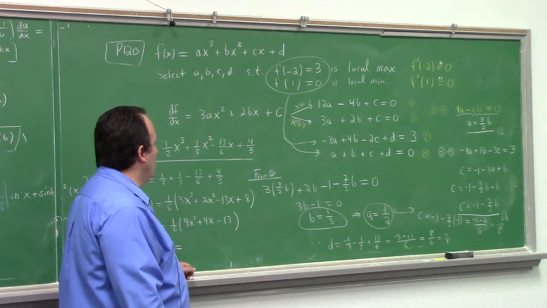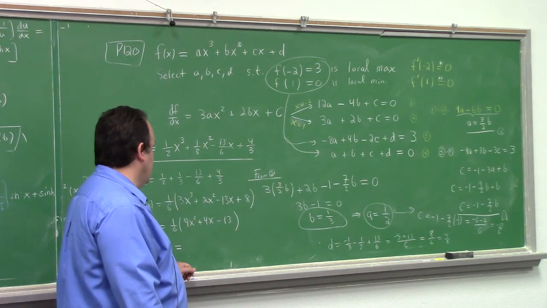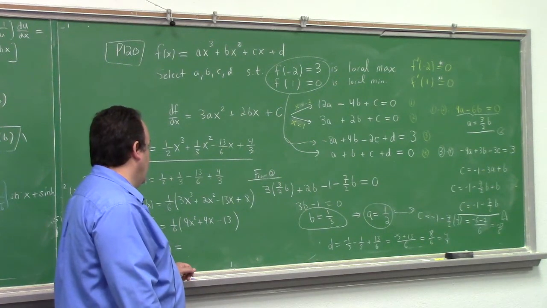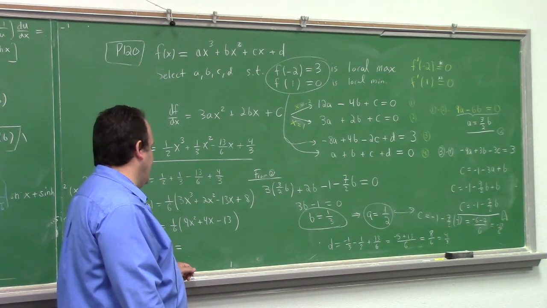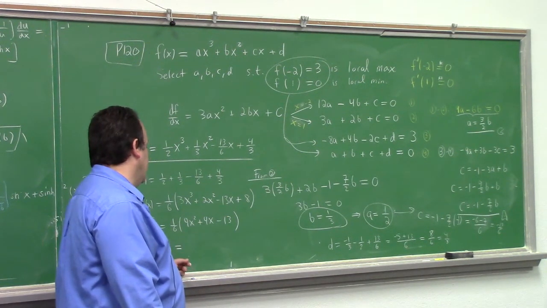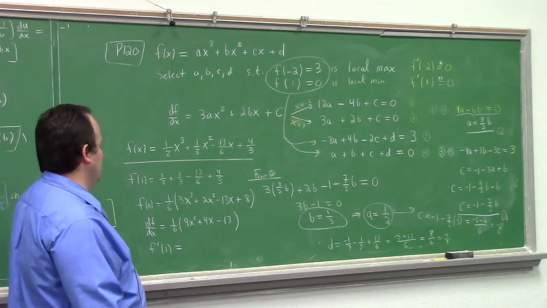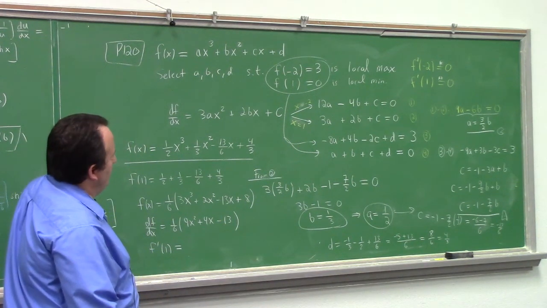Oh, sadness. 4. I always mess up the checking. So minus 2 times, it's 4 times 9 is 36. 36 minus 8. Ooh. I am not seeing f prime of minus 2 being 0 here.